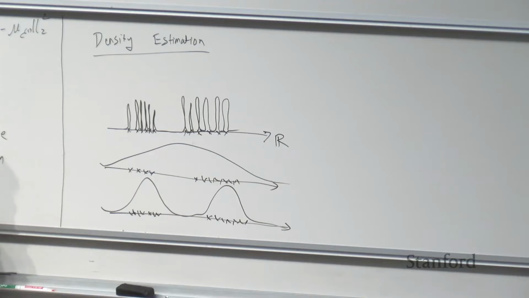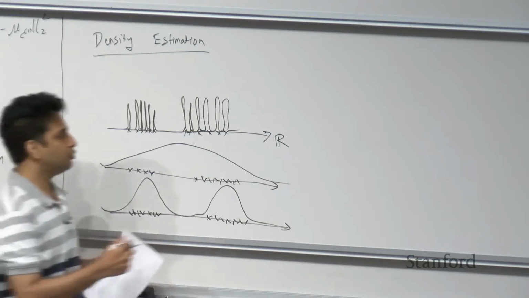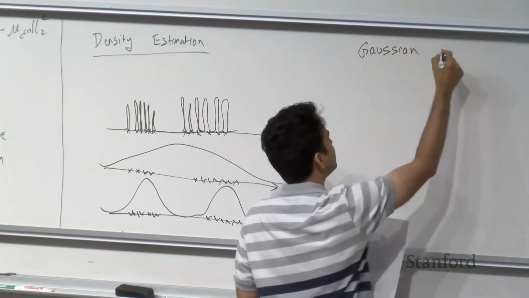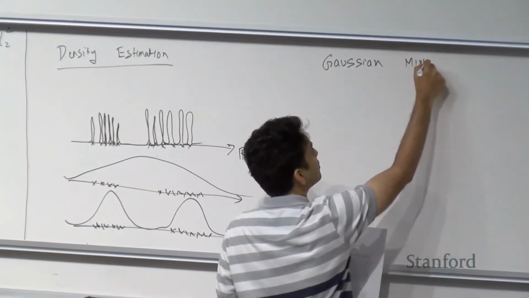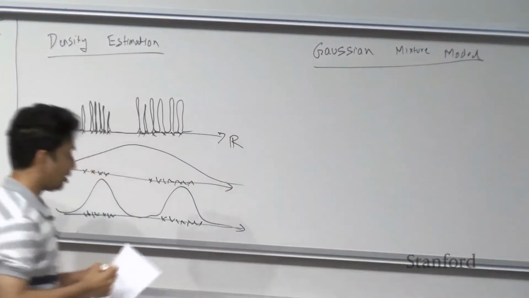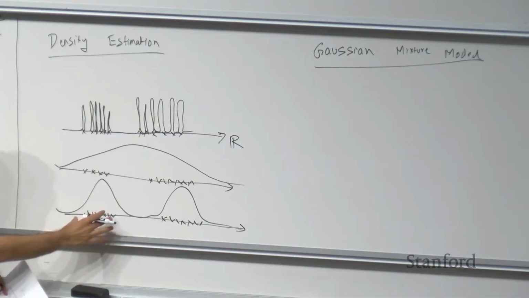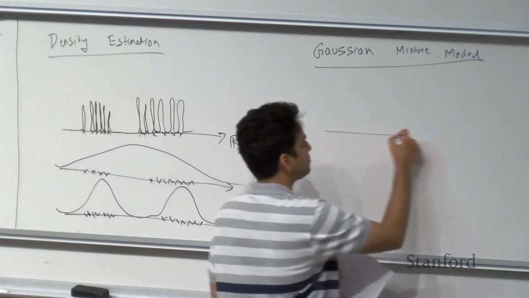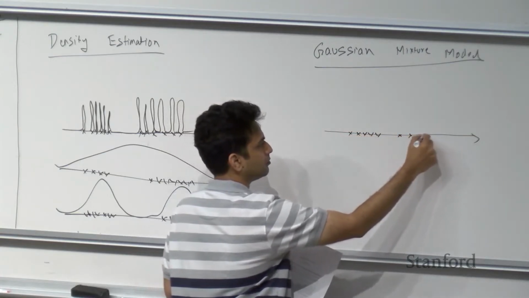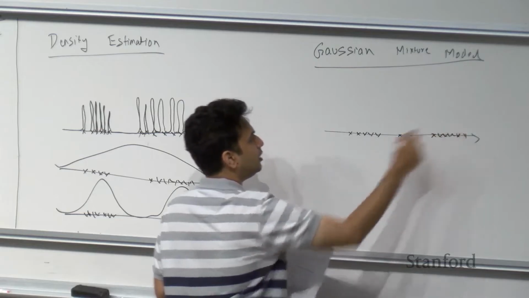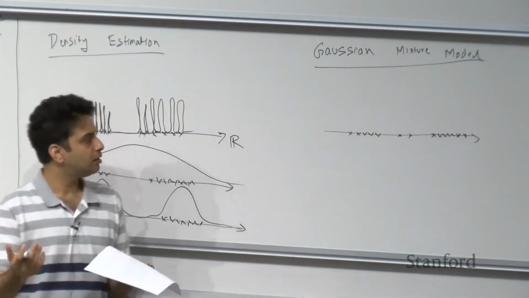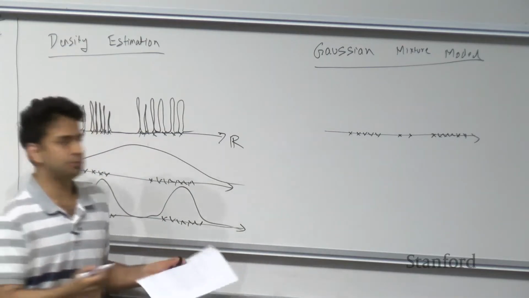So a common approach in density estimation is to use this model called the Gaussian Mixture Model, or it's also called the mixture of Gaussians. Right? The Gaussian Mixture Model, where given some data points that look like this, we make this hypothesis that there are these two different distinct Gaussian distributions.